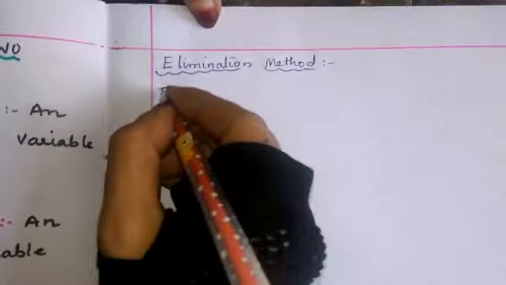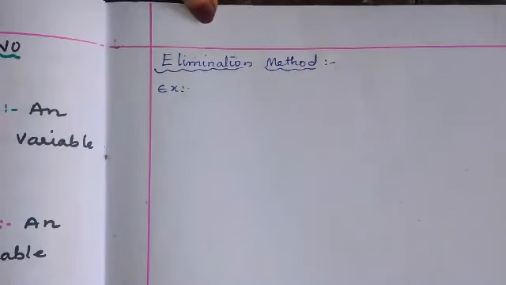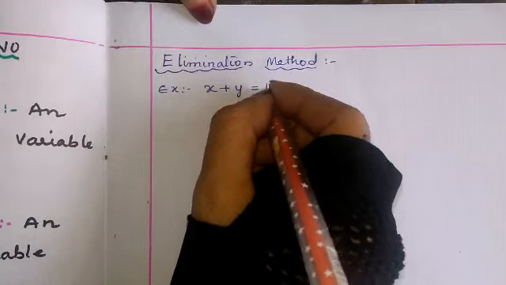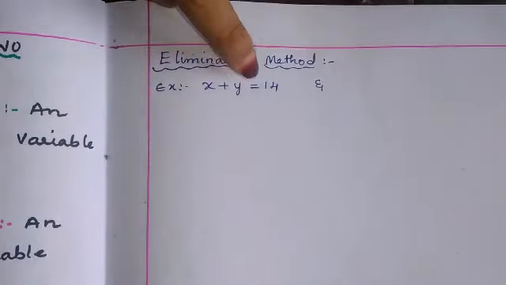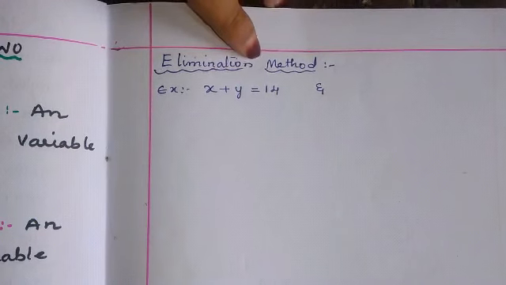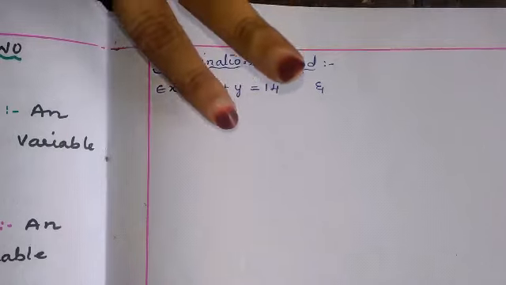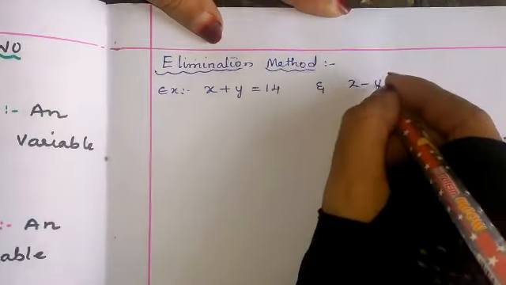So one example, I'll take one question: x plus y is equal to 14. And always there will be two equations. Why? Because we are solving a pair of linear equations. When there is the word pair, then you have two equations. x minus y is equal to 4.